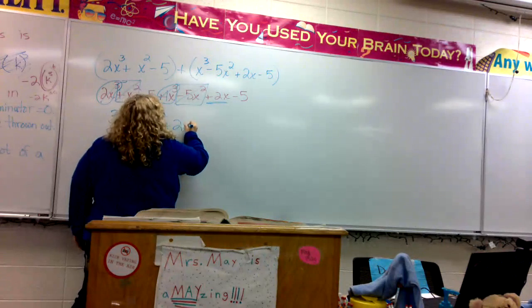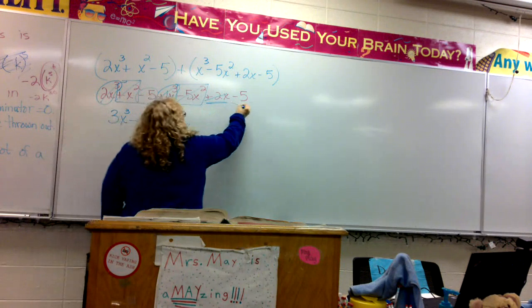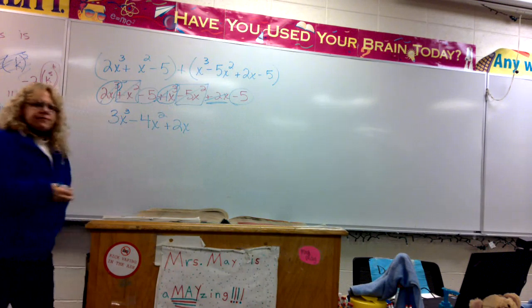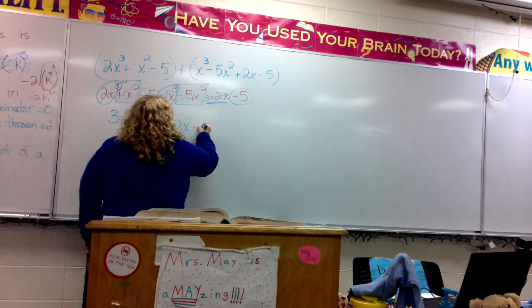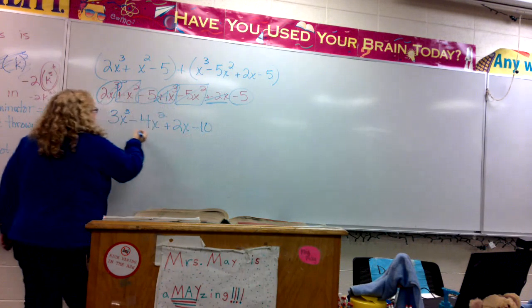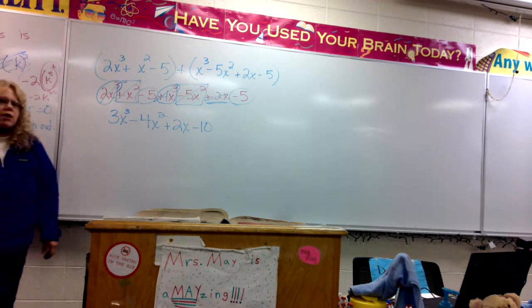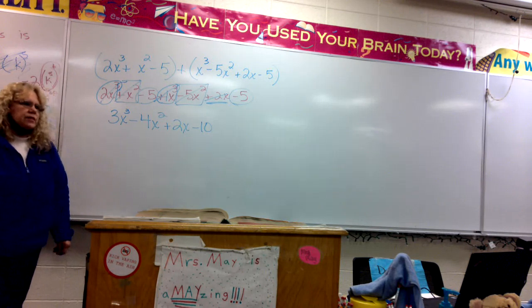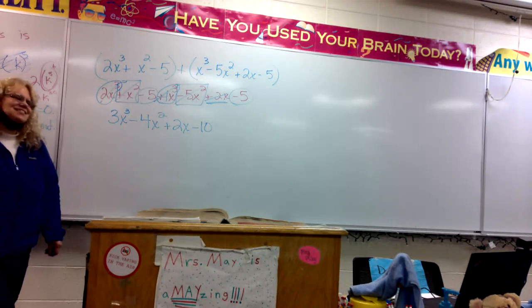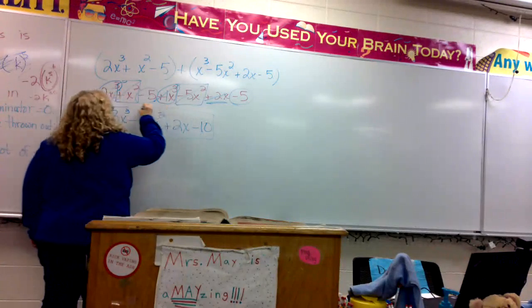And then I have a negative 5 and another negative 5, negative 10. And look it over, can I combine anything there? When you're adding and subtracting, the exponents have to be the same, right? So that would be my final answer, I think.